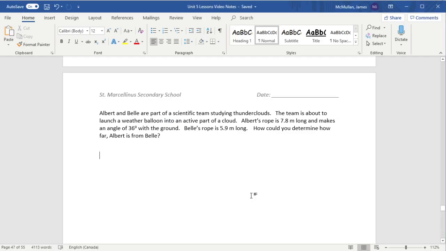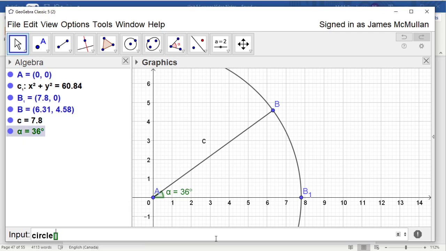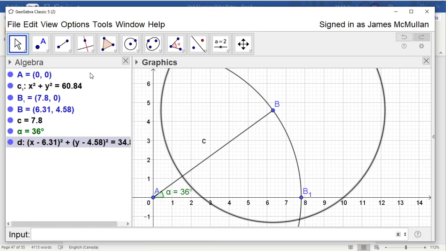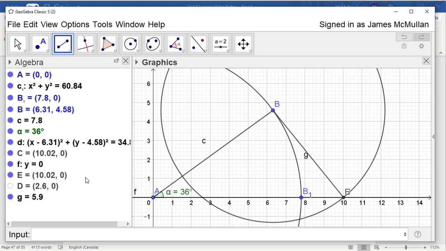Now on the other side, we have Bell's rope, which is 5.9 meters long. So I'm going to draw a circle at point B with a radius of 5.9 meters. And here's Bell, 5.9 meters away.